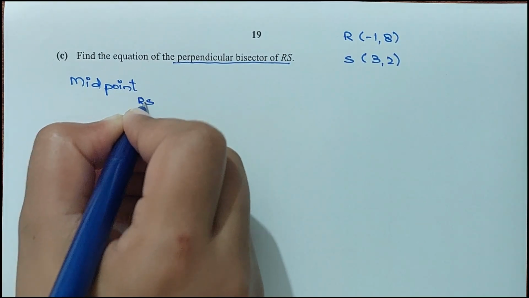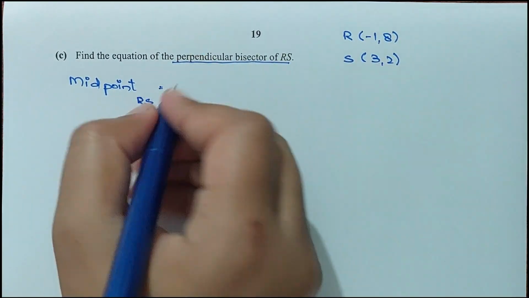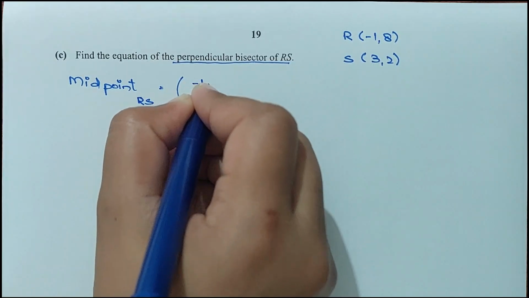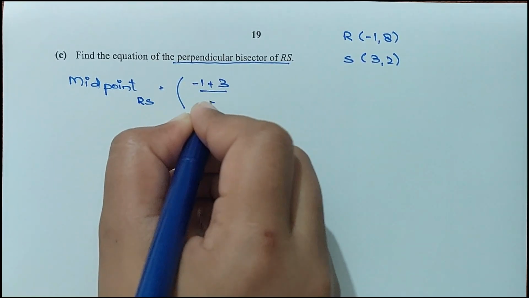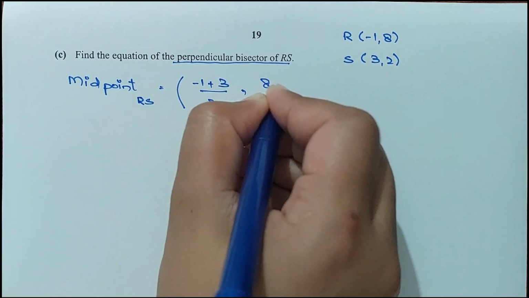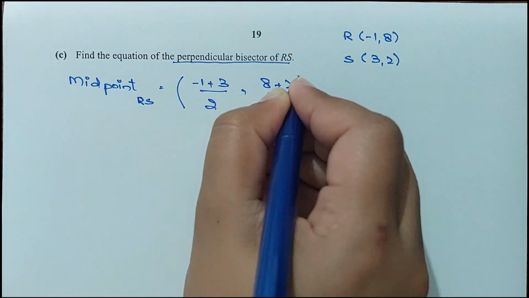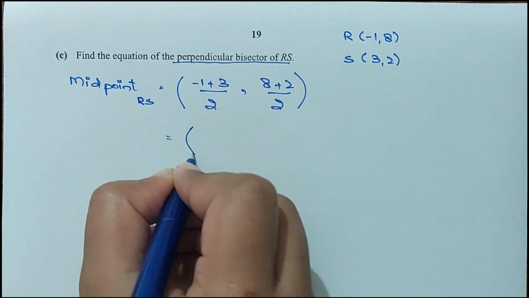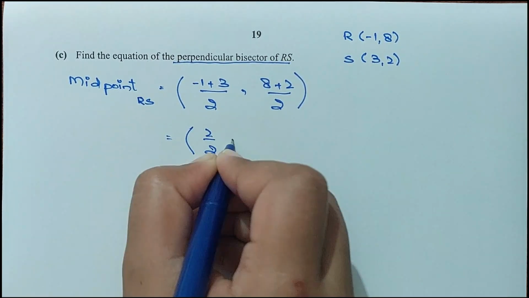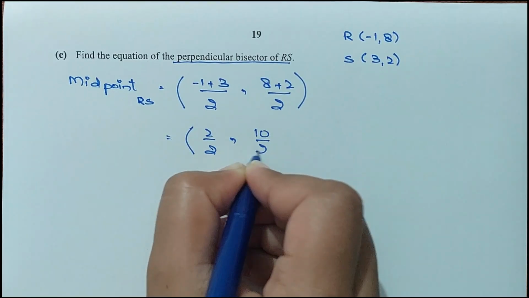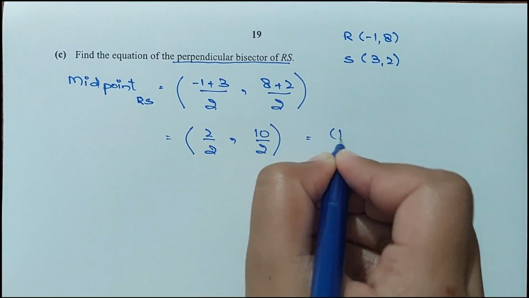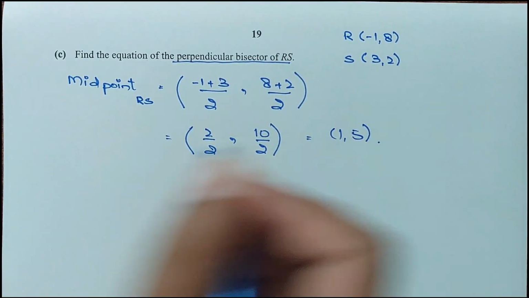Midpoint of RS, which is adding the x components, dividing by 2, minus 1 plus 3 divided by 2, and 8 plus 2 divided by 2, adding the y components and dividing by 2. This is 2 by 2, and this is 10 by 2. This is 1, 5. 1, 5 is the midpoint of RS, right?